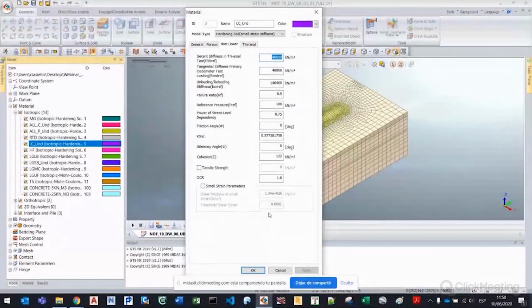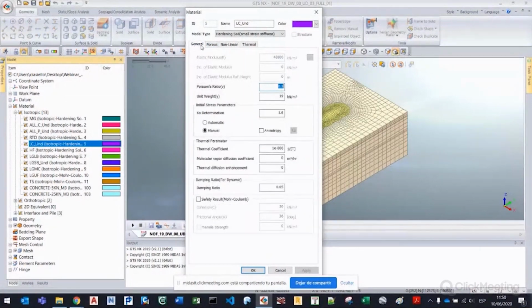In this case, we do not have any issue. Actually, MIDAS allows you to define, compared to other programs, for example Plaxis, the hardening soil in which the small strain also depends on the dilatancy angle. So in this case it is much better, I would say.